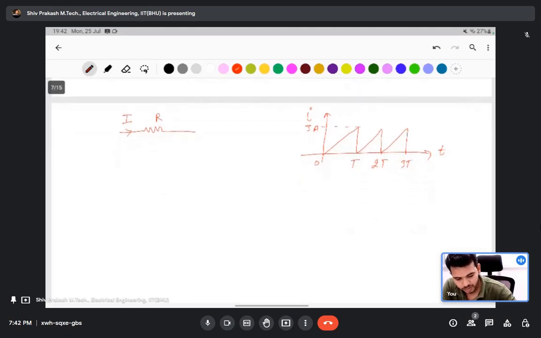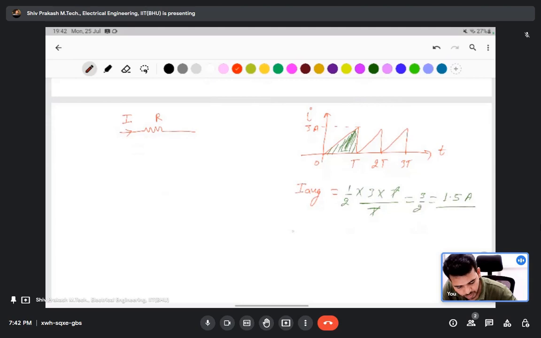I explain both. The average of this waveform is the area of the triangle divided by the time period. The area of the triangle is half times the height of 3 ampere times the width T, divided by the total time period T. T cancels out, and 3 by 2 is equal to 1.5 ampere average current.